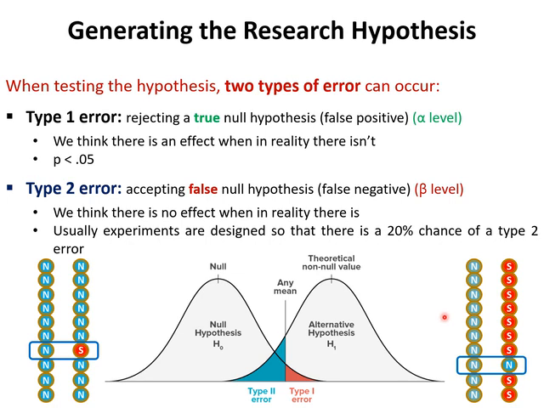This is called type 2 error, when we accept a false null hypothesis. That means the null hypothesis is false, but we accept it because we didn't find a significant difference. This is called the beta level. Alpha level can be confined or reduced to 0.05 and beta level to 20% statistically.